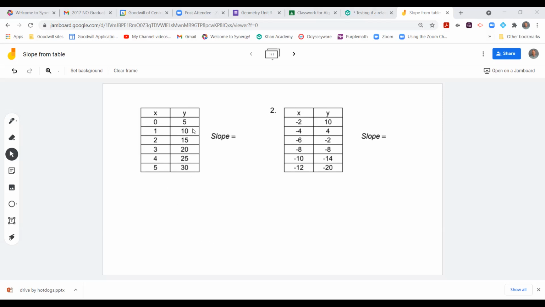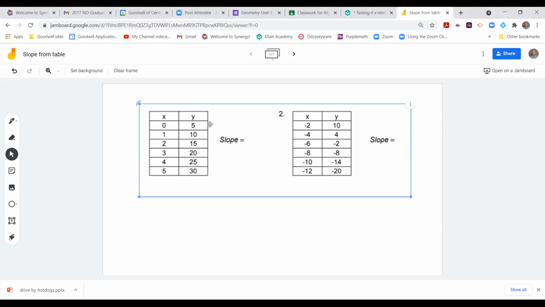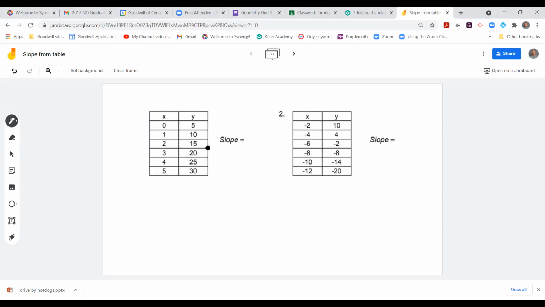But Jessica correctly noticed that when you start looking at these, go down the list from one y value to the next, every one of them is changing by 5. And it looks like a +5. On the side of x, they're all changing by 1.